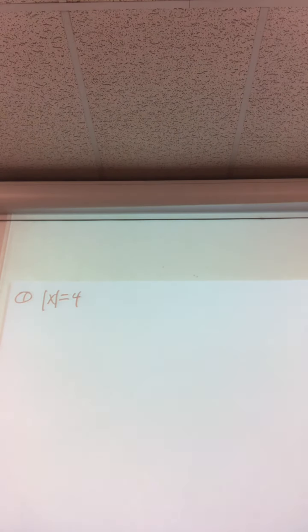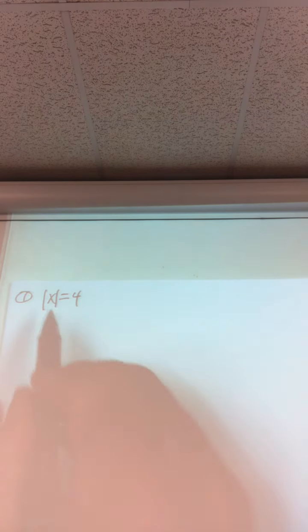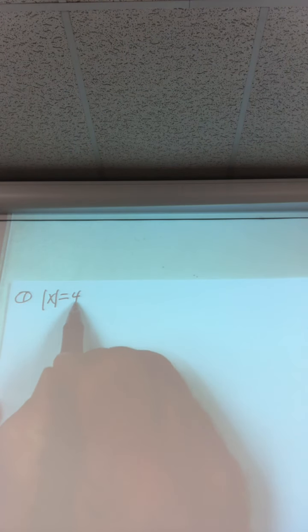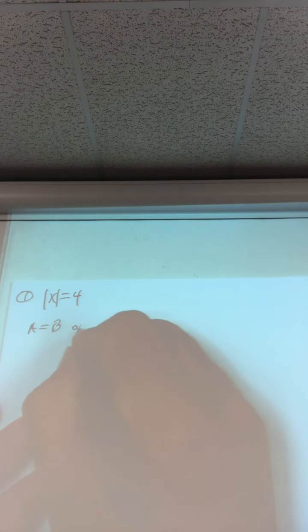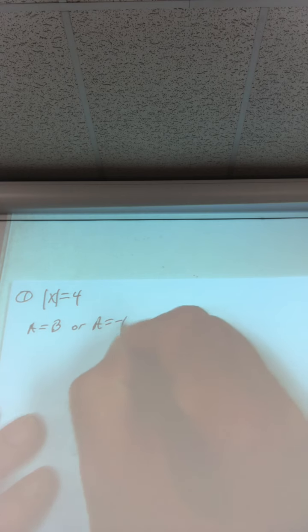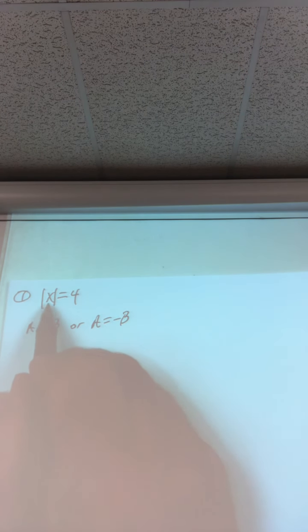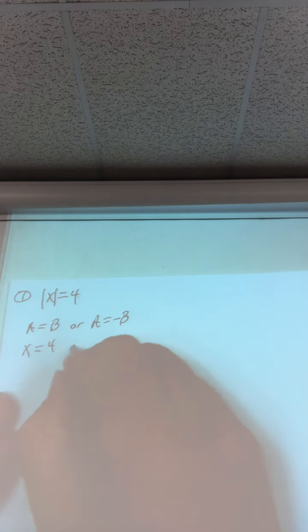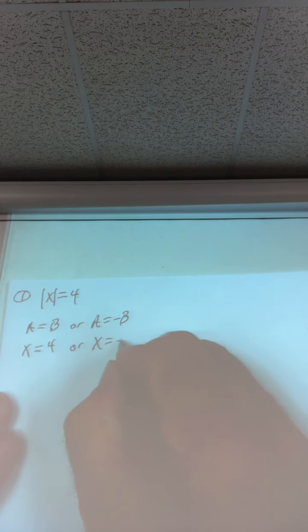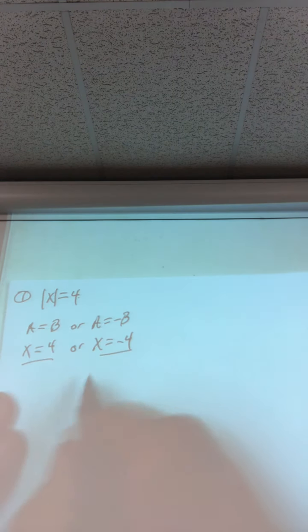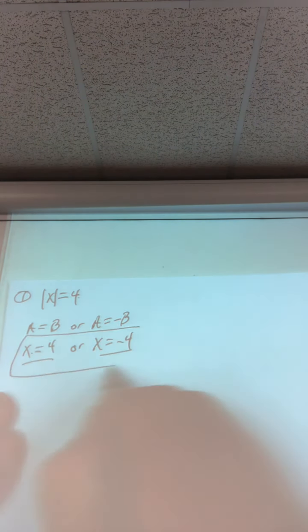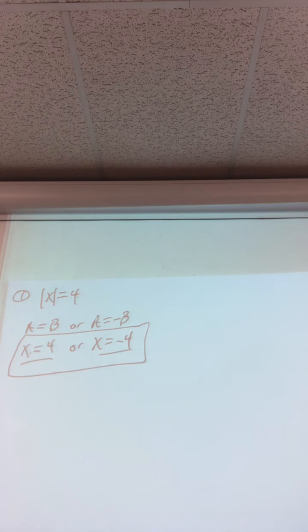Step 3, identify A and B. This is my A and this is my B. What I like to do every time is write A equals B or A equals negative B. What did we say A was? A is what's in the absolute value symbols. So this will be x equals 4, or x equals negative 4. There's nothing else you can do to these 2 equations because they are already solved. That is your 2 solutions to this problem.